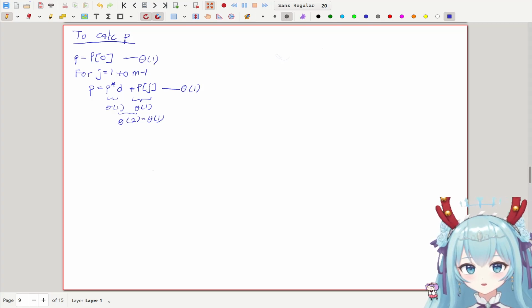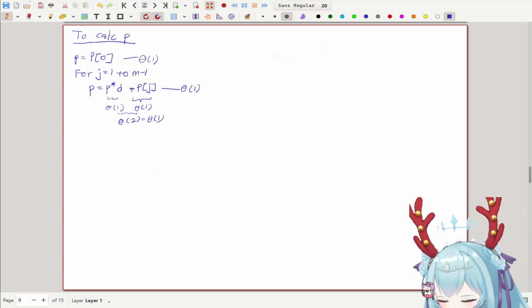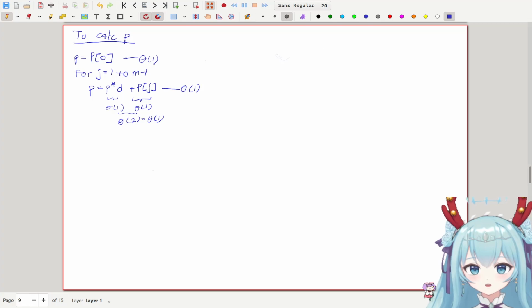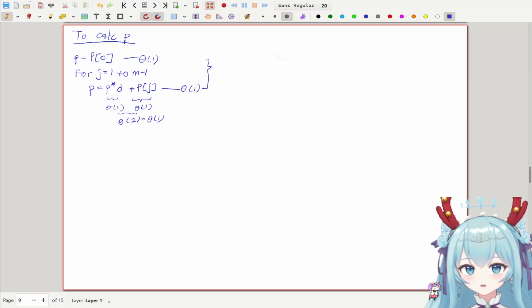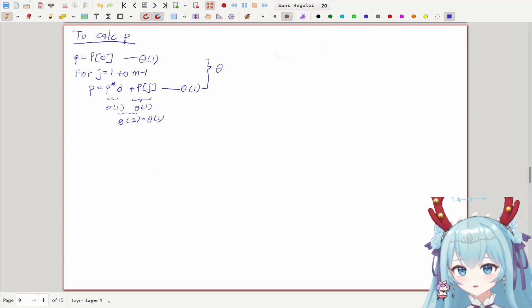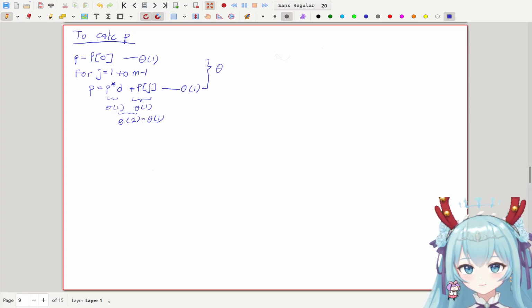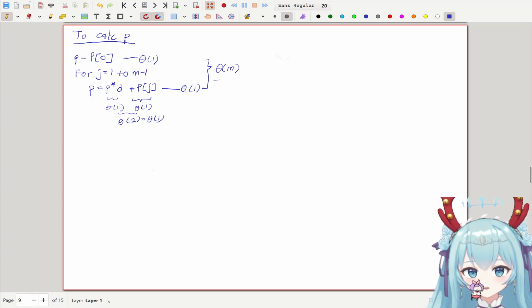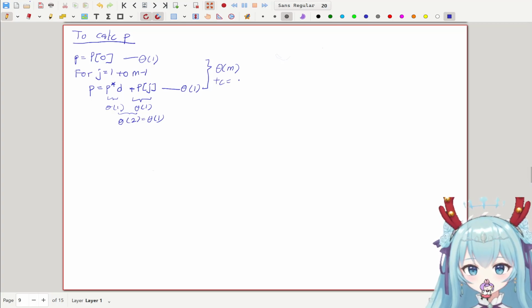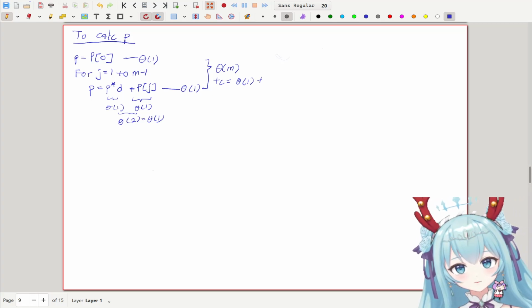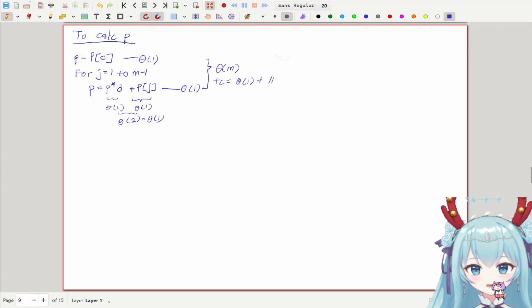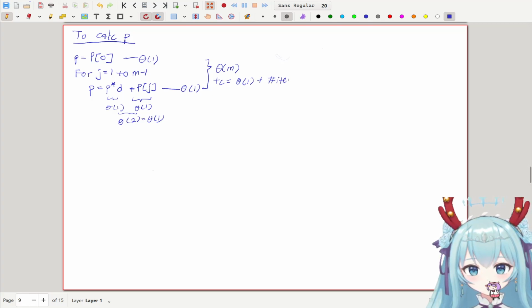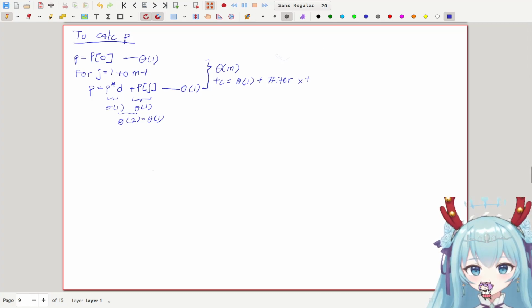And then when you want to figure out the time complexity, it will be theta m, because Tc is equals to theta of 1 plus number of iterations of the for loop multiplied by the time complexity per iteration.